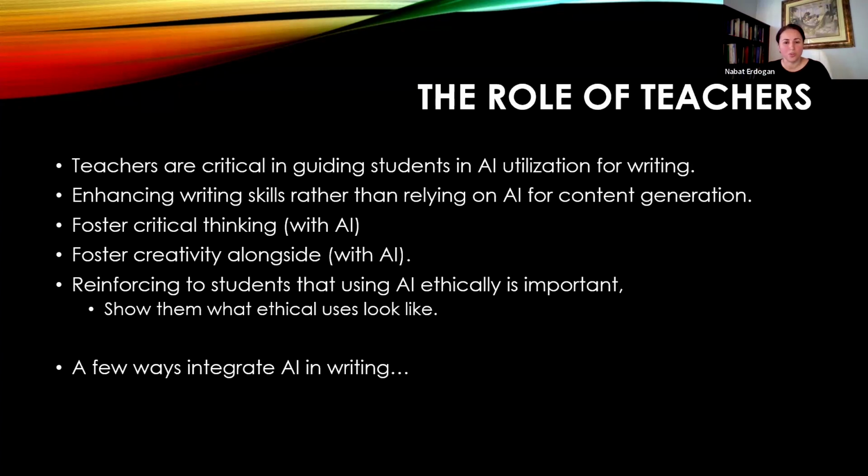should encourage students to use AI as a tool to improve their writing. And by improving their writing, could be their grammar, for example. AI can be used for grammar checks, for brainstorming ideas.